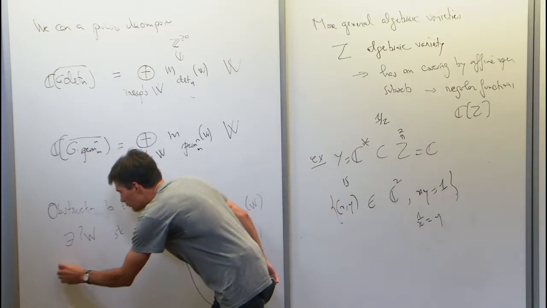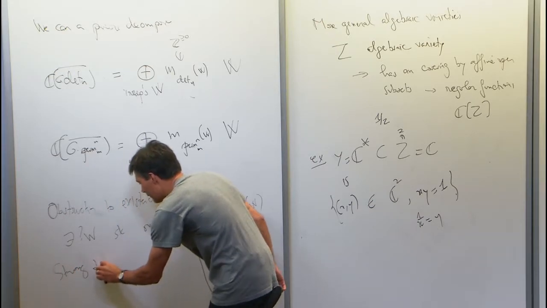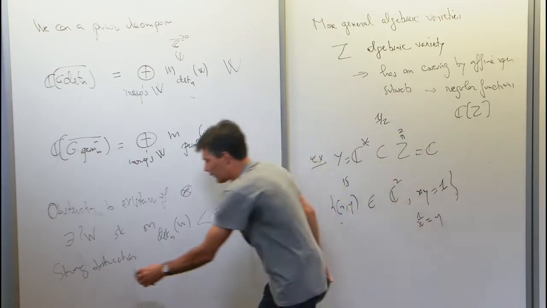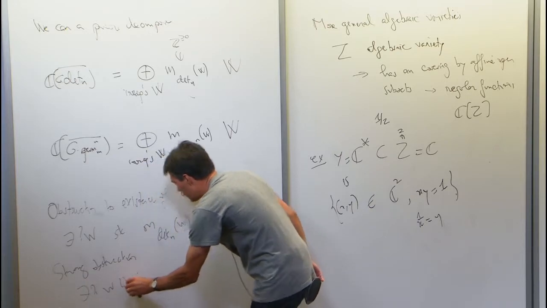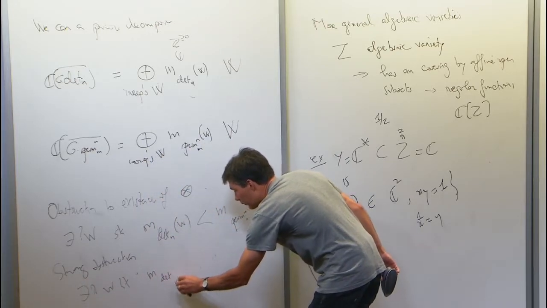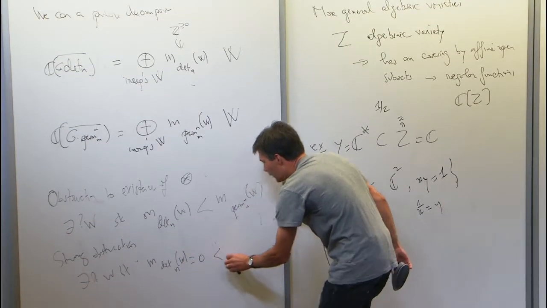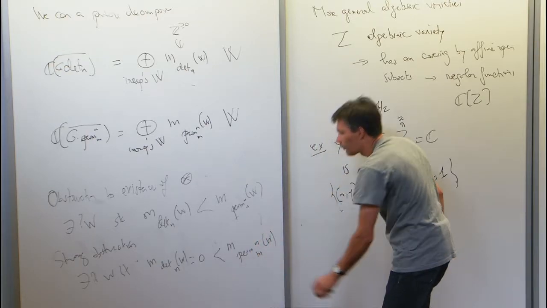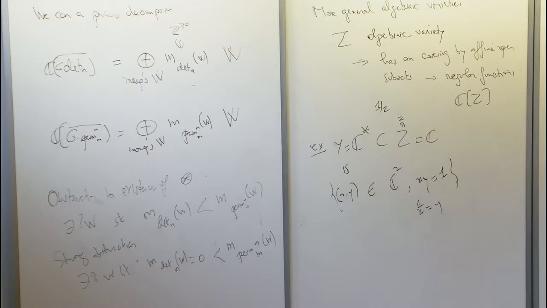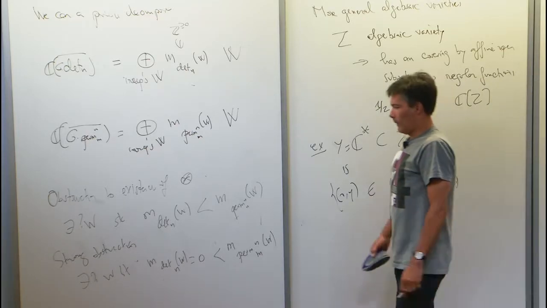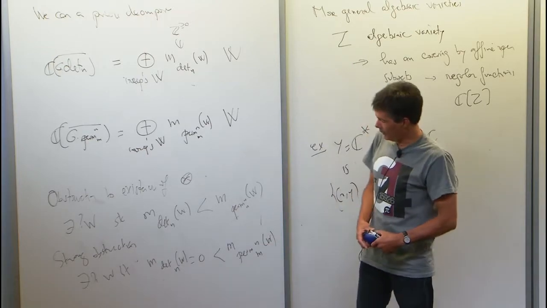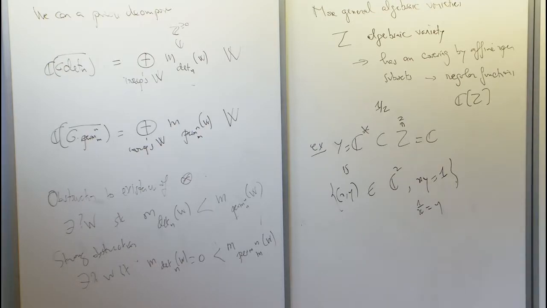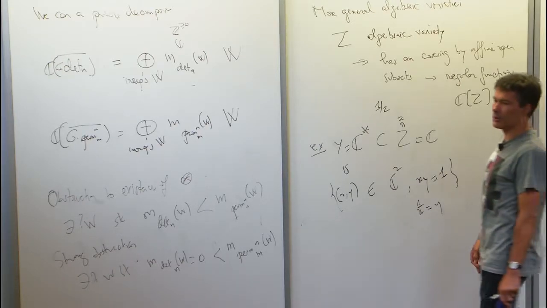And maybe a strong obstruction, suggested by Ketal: let's be optimistic, can we find some W such that this multiplicity is 0 and the other one is positive? Which is more optimistic, but maybe nicer in some sense, because these multiplicities are difficult to compute, but hopefully you can find some criteria that ensure that they will vanish.